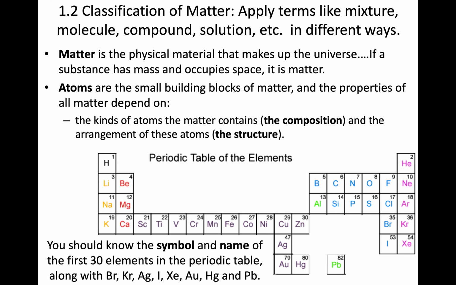And when I say familiar, let's know the name and the symbol. You don't necessarily have to know at this point where they're found on the periodic table, but you might. But let's make sure that we can go back and forth between the name and the symbol. So if I mention Li, you'd be able to understand that to be lithium. If I mention carbon, you'd understand the symbol to be C.